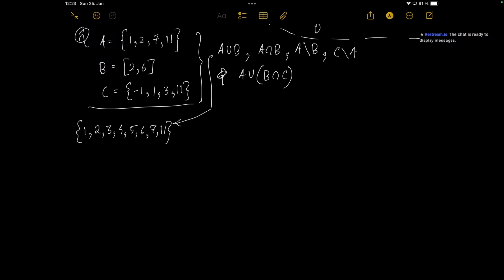Yep. A intersection B. Just 2, right? Is there anything else? Wait, we have 5. Yeah, just 2.